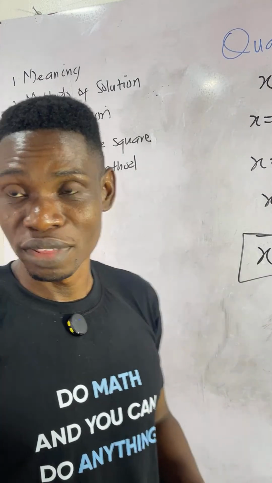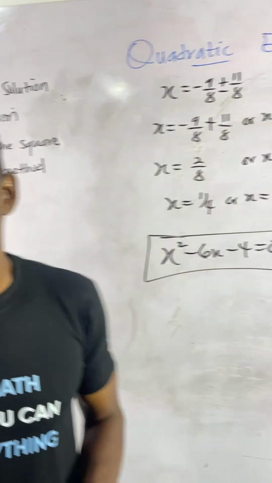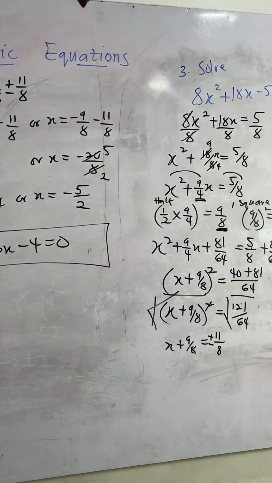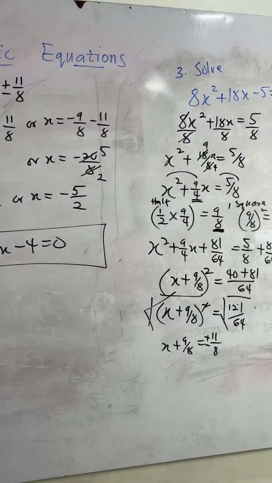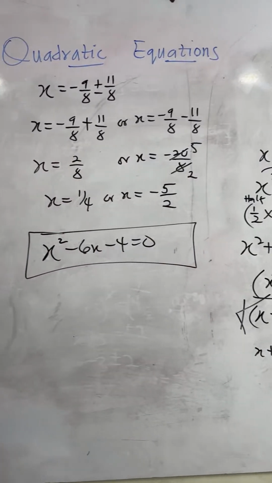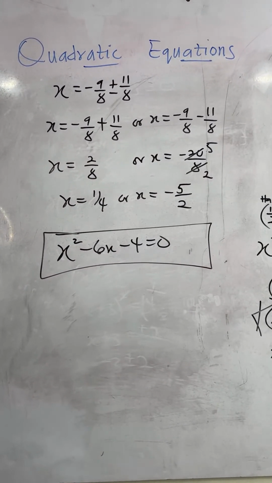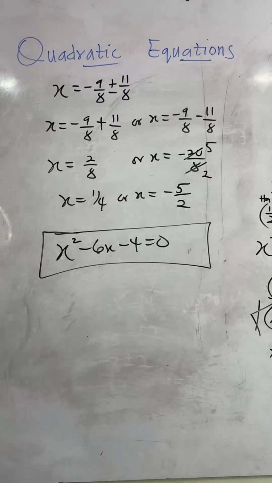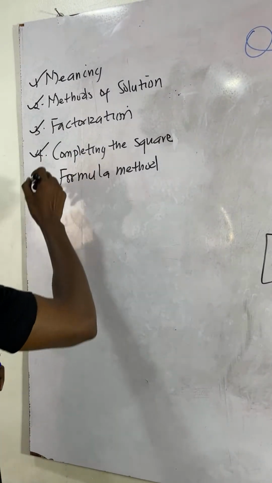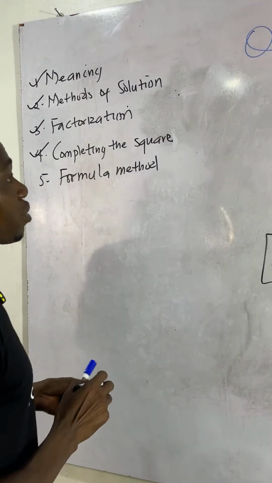We'll be very fast with that. Okay, so we've done meaning of quadratic equations. We've seen the methods of solution, which are factorization, completing the square. Now, we're looking at formula methods now.